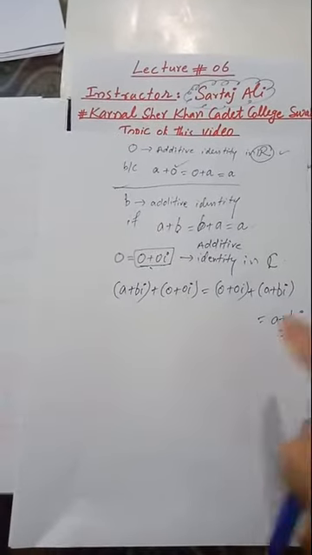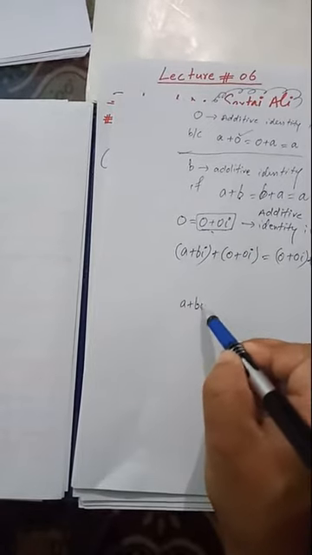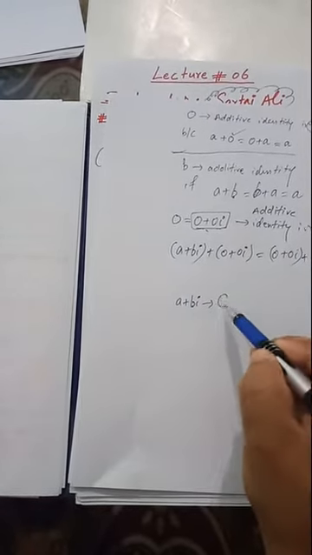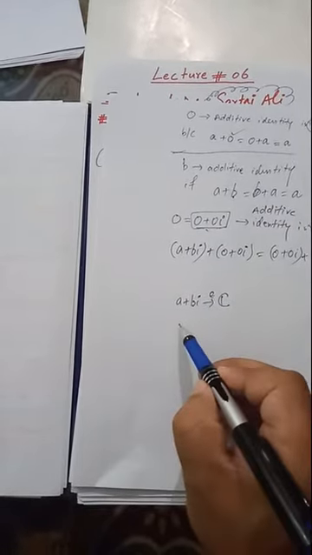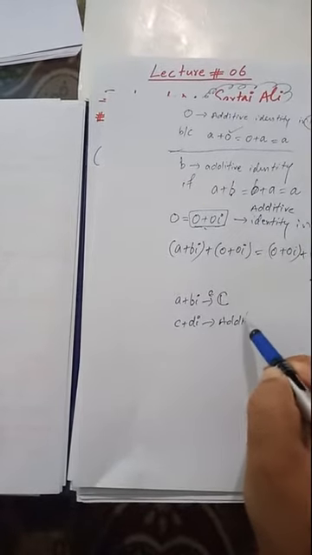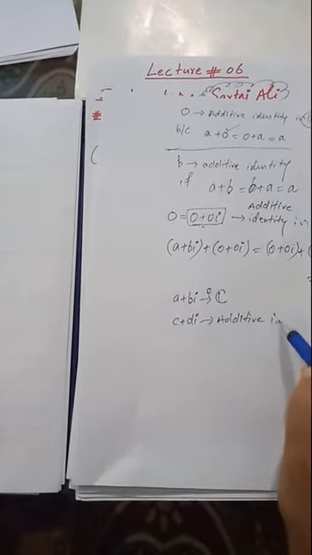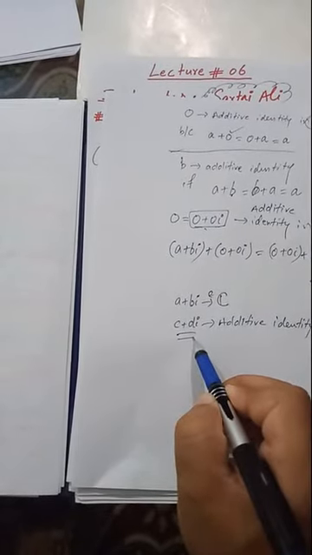So you see, this is the definition. For example, let's say a plus b iota is my complex number, belonging to the set of complex numbers, and I'm saying that c plus d iota is my additive identity.